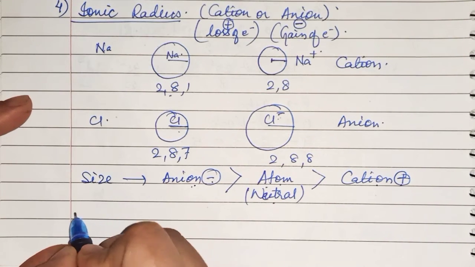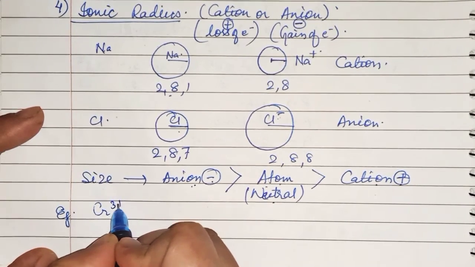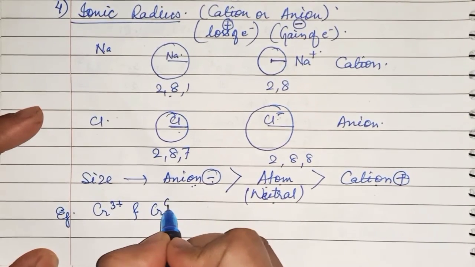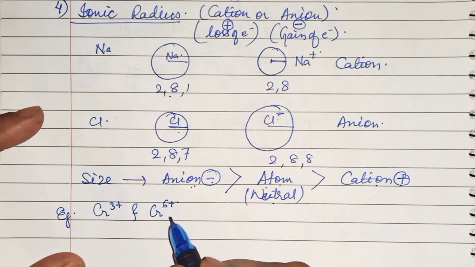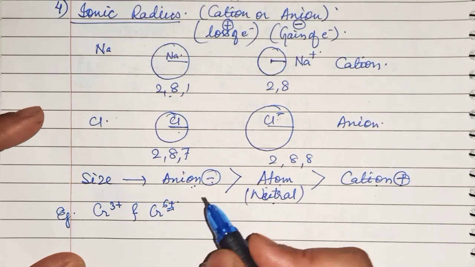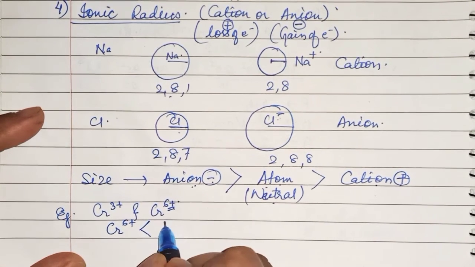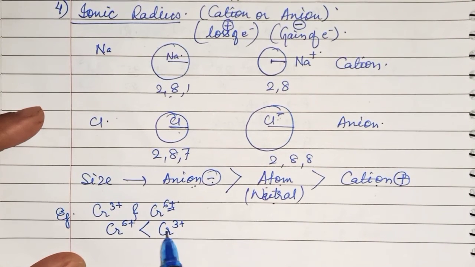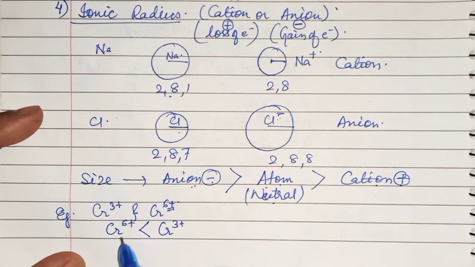Let's take one example of chromium. Okay, chromium 3 plus and chromium 6 plus. Which one will be the smaller one? The one which has more plus charge will be smaller. So you can say that Cr6 plus is smaller than Cr3 plus. Chromium 3 plus is larger in size and chromium 6 plus is small.